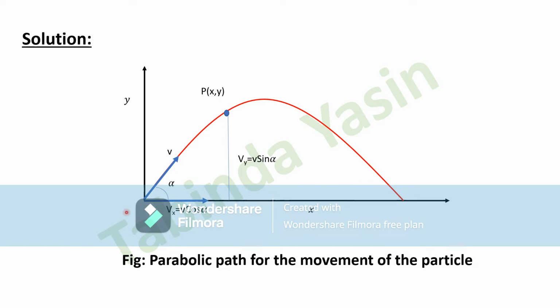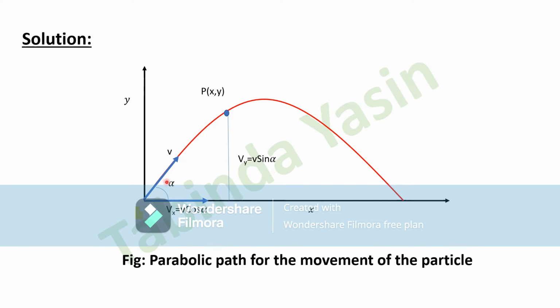The particle is projected from the origin O having mass m, and after projecting it moves with the velocity v and makes a parabolic path and strikes the ground after some time t, and at a certain height it has a position P(x, y), and the angle is alpha.